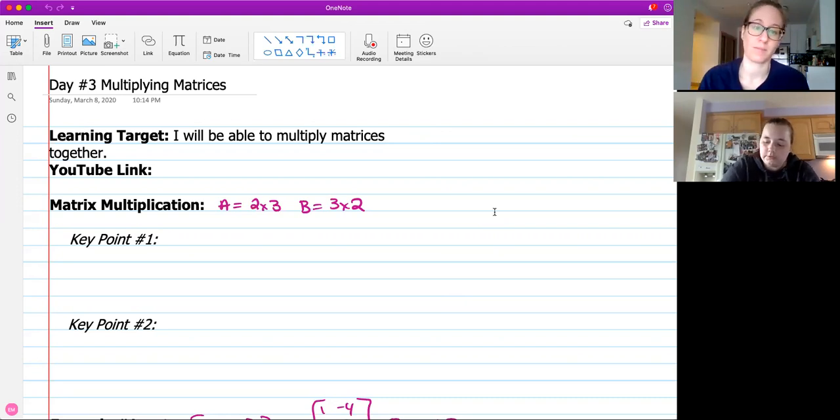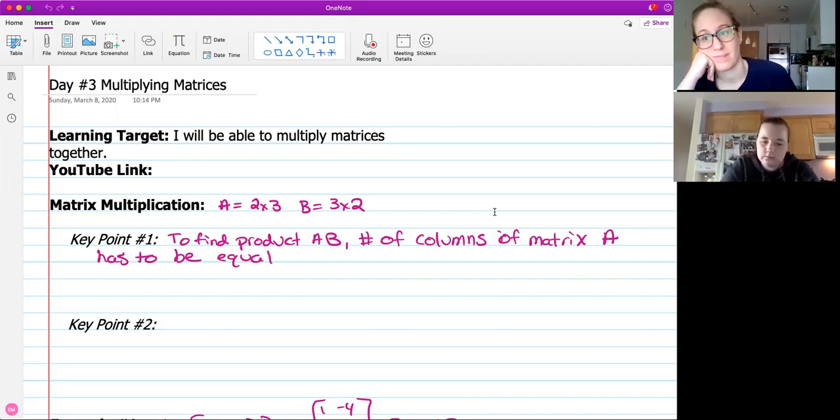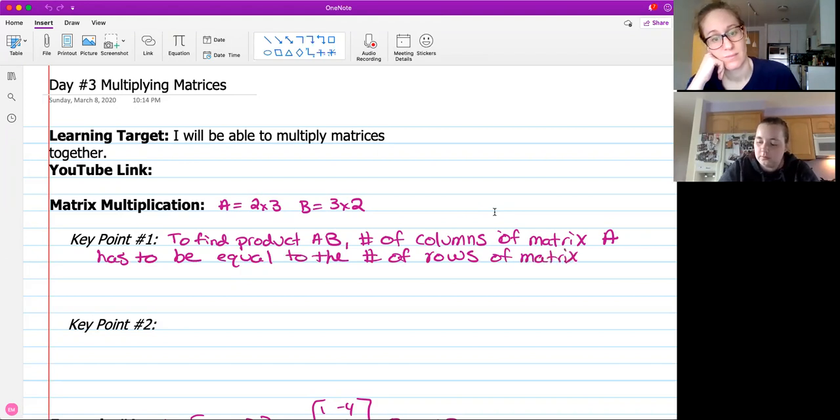To find product AB, the number of columns of matrix A has to be equal to the number of rows of matrix B.